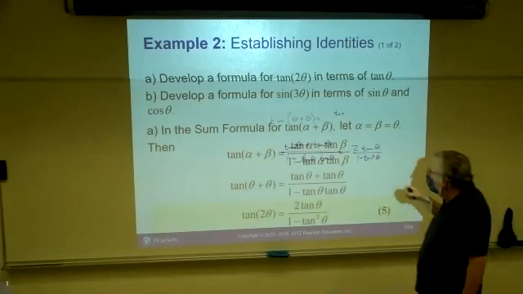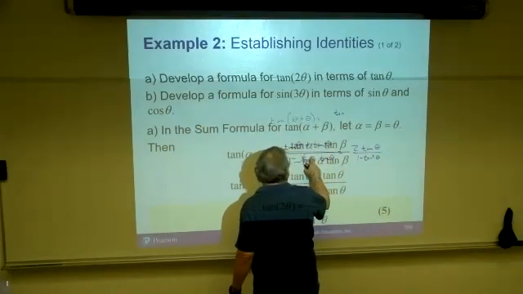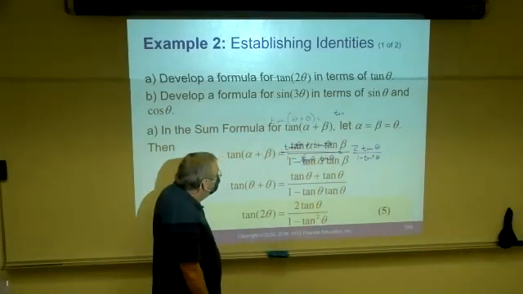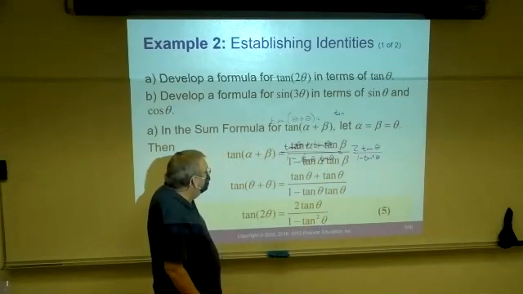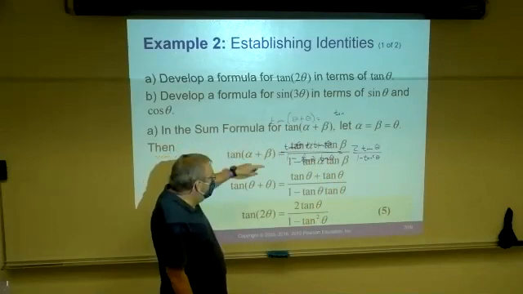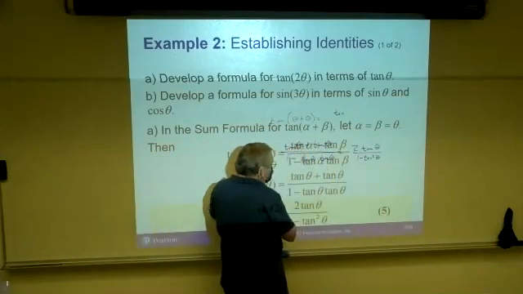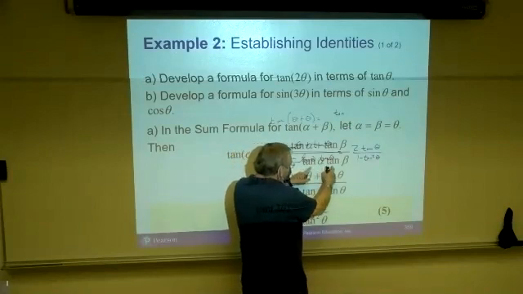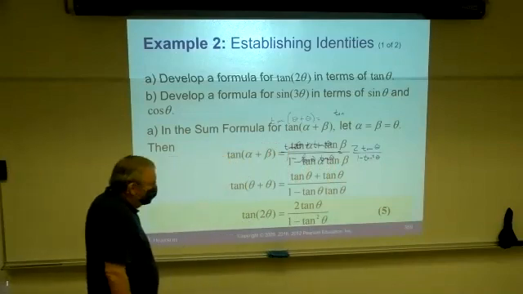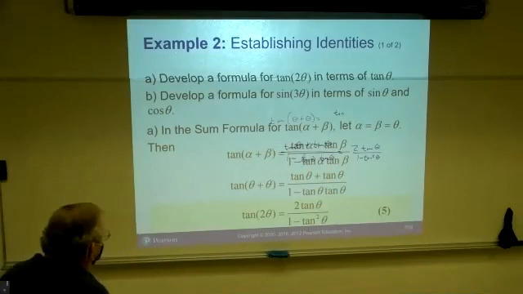I didn't see the need of doing this. The tangent of a sum is the sum of the tangents of the two angles divided by 1 minus the product of the tangents of the two angles. And it just so happens those two angles are the same angle.